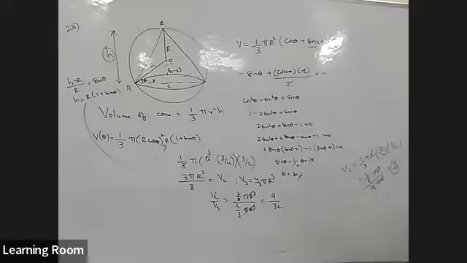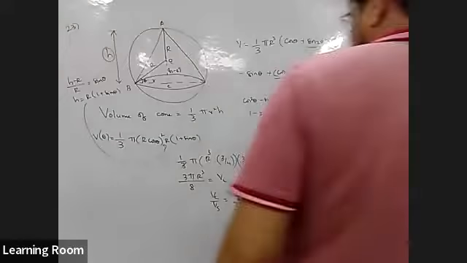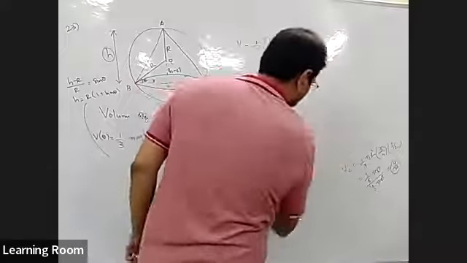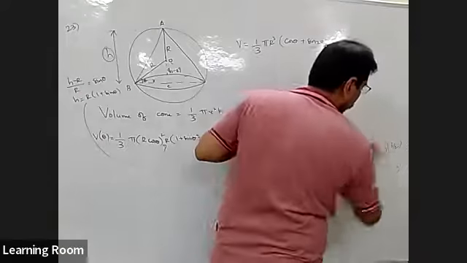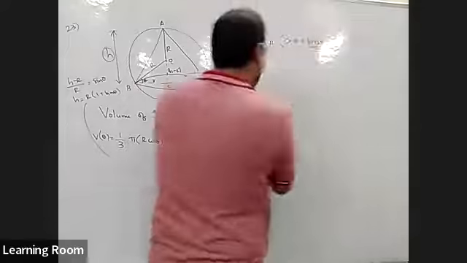That method, Subraj, if you got 8 by 27. It is cos squared theta.